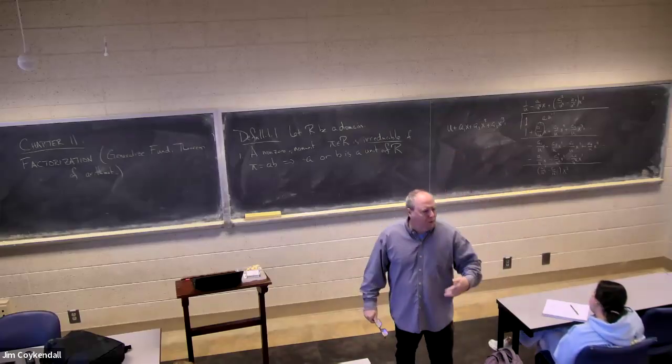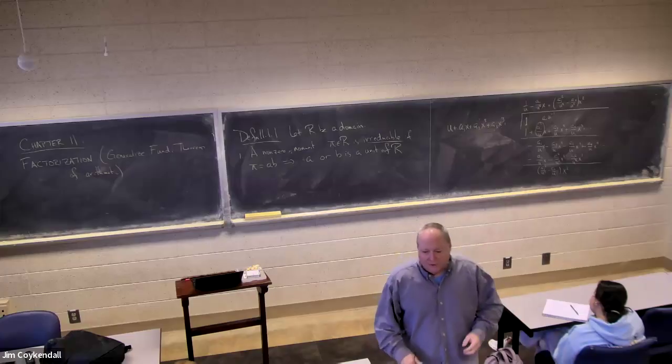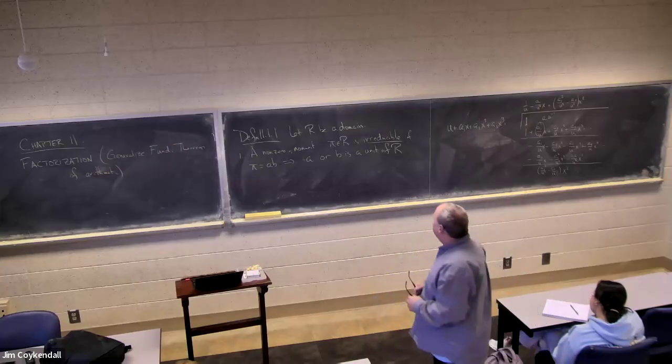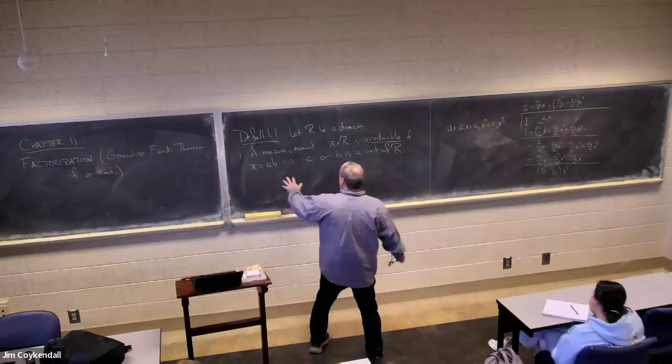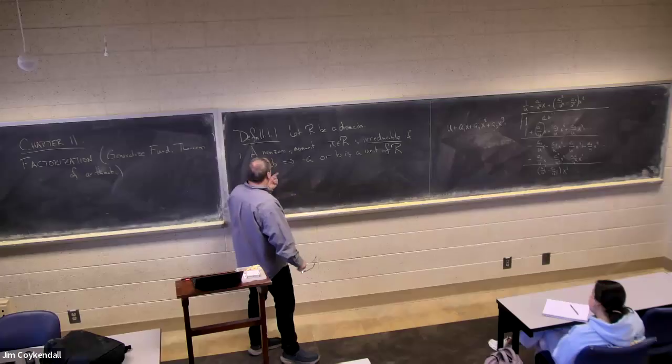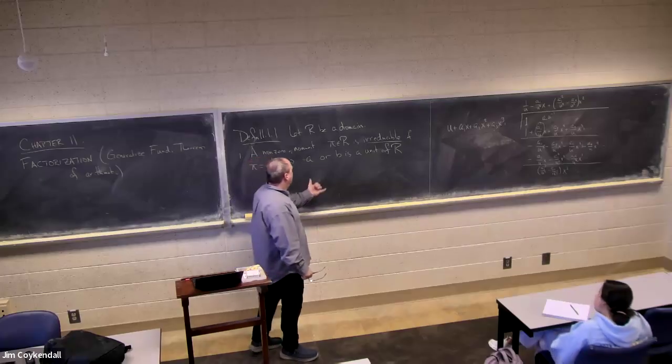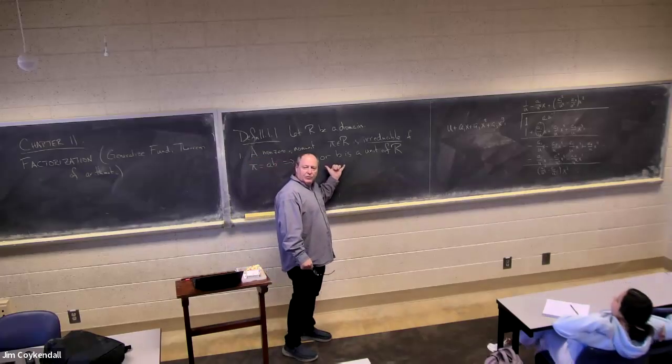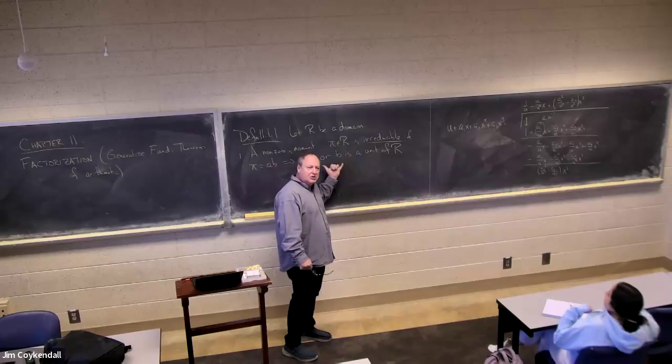A prime integer was one whose only factors are itself and one. This is what it means to be irreducible, the standard generalization. Whenever you try to factor it, one of those pieces has to essentially be one. It's a unit.